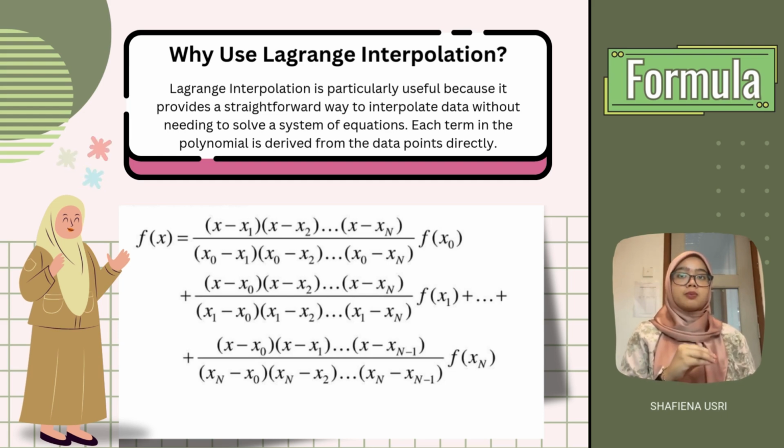Each term is multiplied together, and when we combine all the points, we get a polynomial that fits through them. So we use the input values and their corresponding outputs to create a new polynomial that estimates values in between. For example, if we know values for x0, x1, and x2, we can use them to create a polynomial that estimates values between those points.